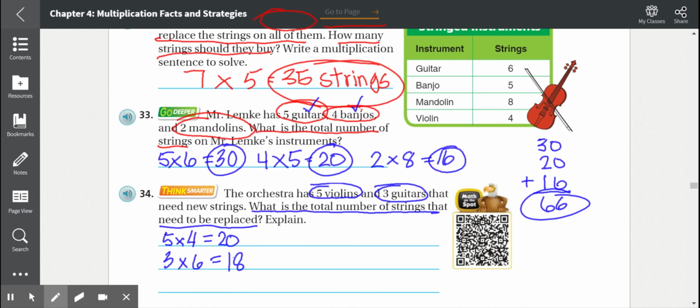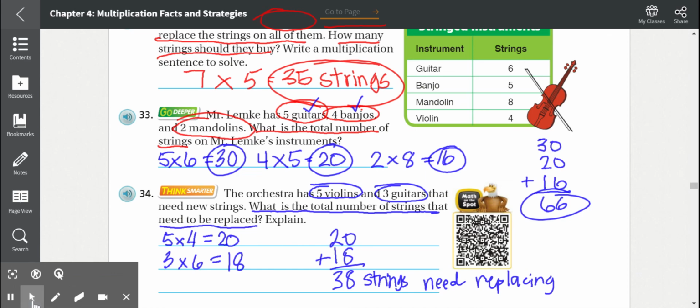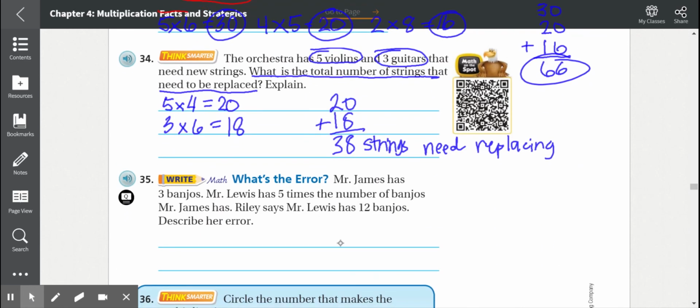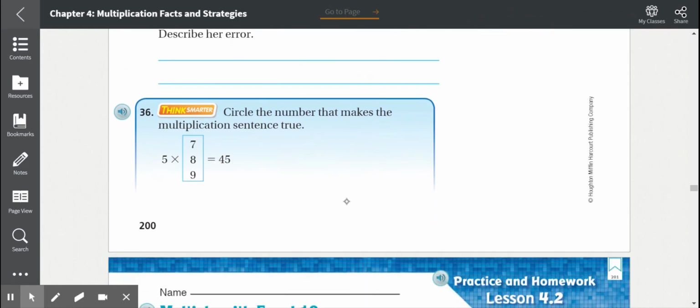We would need to do 20 plus 18. 0 plus 8 is 8, and 2 plus 1 is 3. So 38 strings need replacing. Okay. Remember, if I'm going too fast with writing, you just press pause and then press play whenever you're ready.